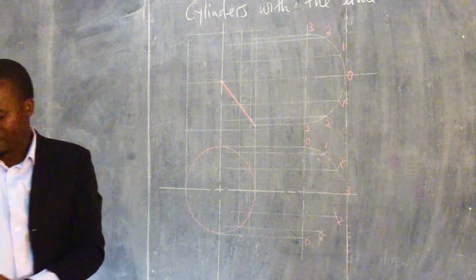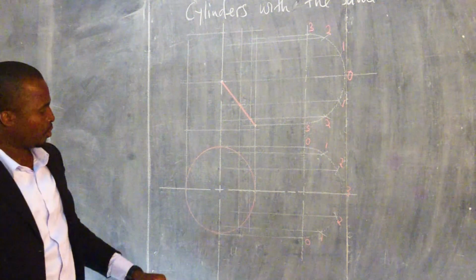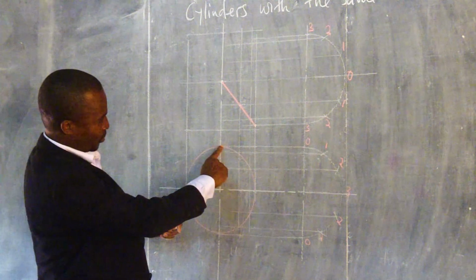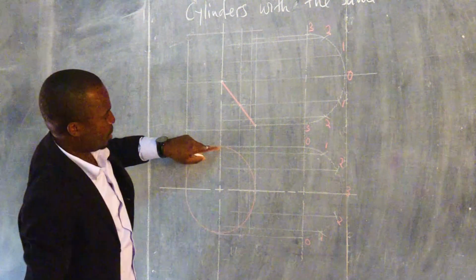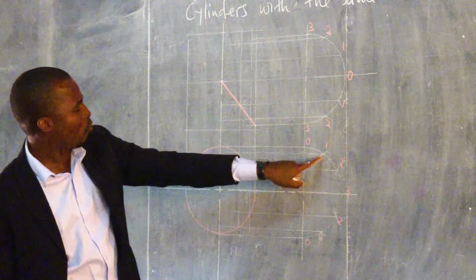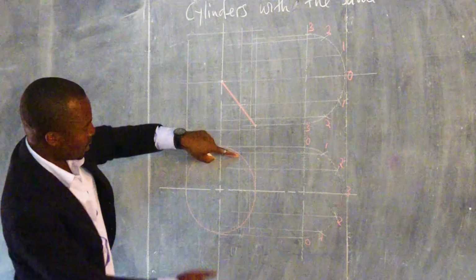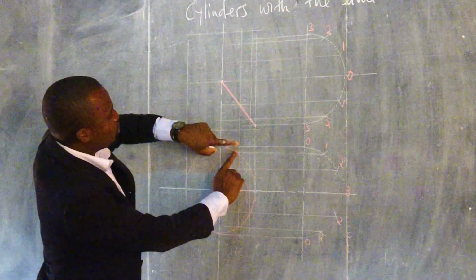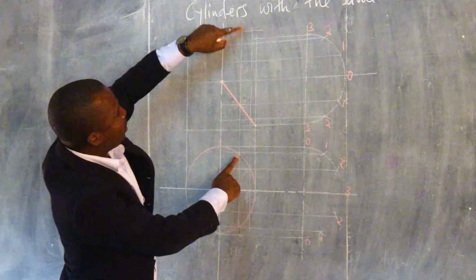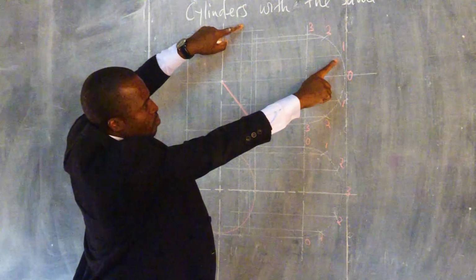Now going up there, we'll do the same. We have this line 1, and this is line 0. Line 0, we have point 0 here. We have 1. 1 and 1 is here. Then there is a line that has been drawn going to the front elevation. Then in the front elevation we also have 1 coming from this side.